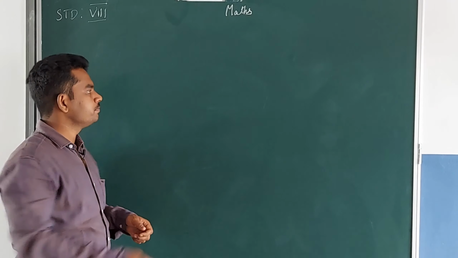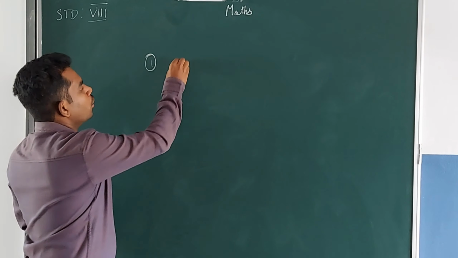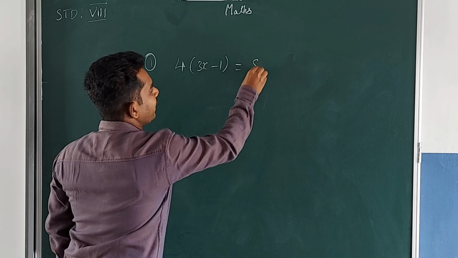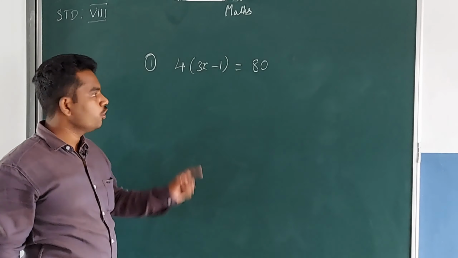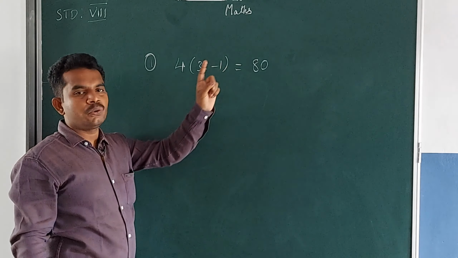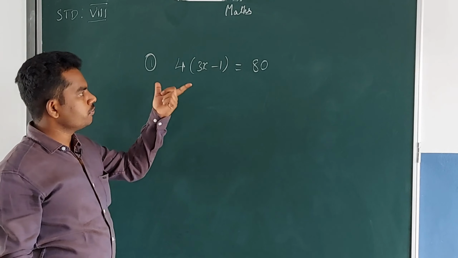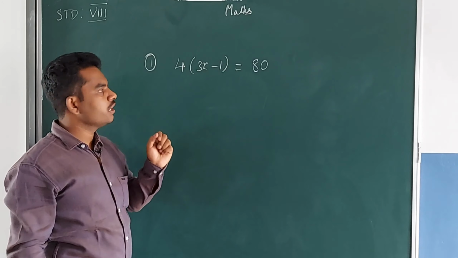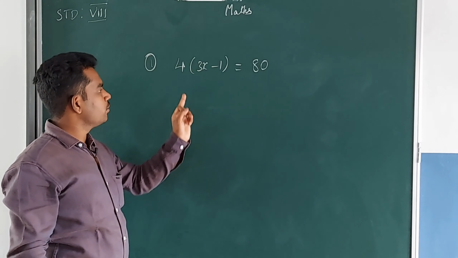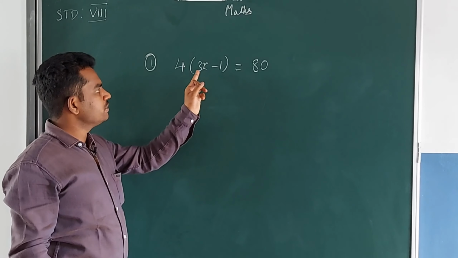The first problem, 4 into 3x minus 1 equal to 80. Observe this question. 4 is common to this product.